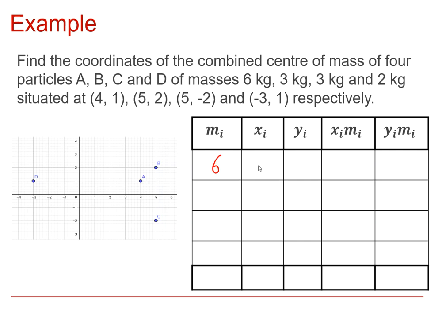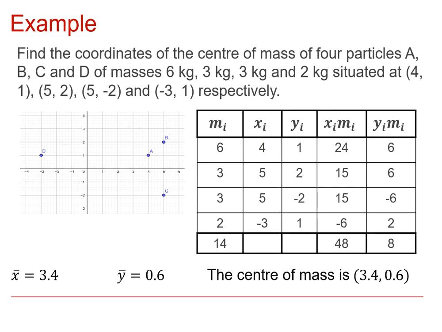The x coordinate of A is 4, the y coordinate is 1, and then I'm going to multiply each of those coordinates by the mass, which is 6, so we'll get 24 and 6, like that. Alright, keep going in that manner, and we end up with this table of values here.